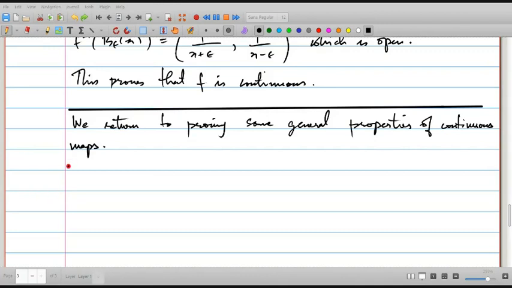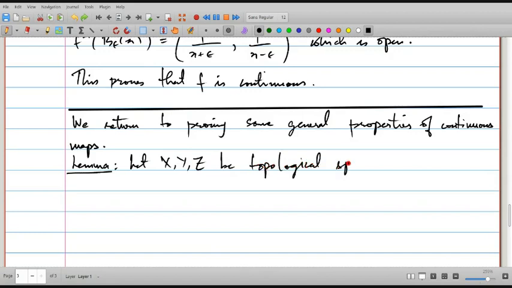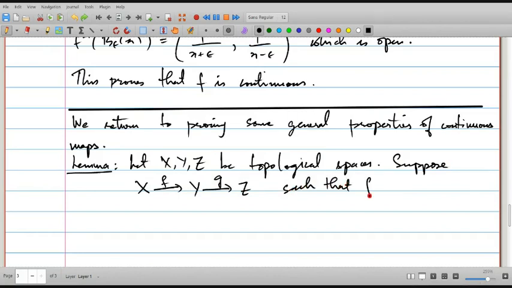So lemma: let X, Y, and Z be topological spaces, and suppose we have maps F and G such that F and G are continuous.